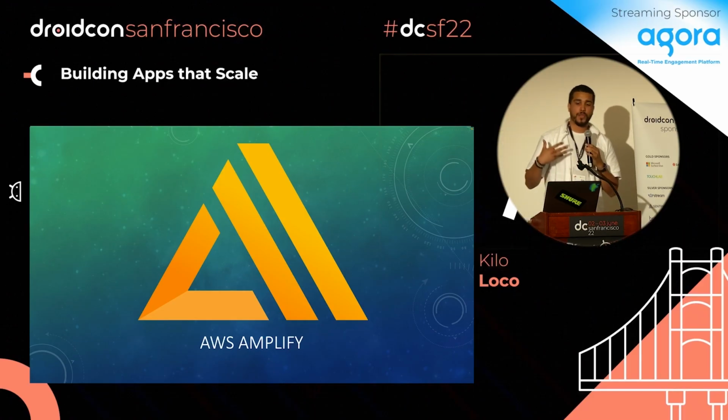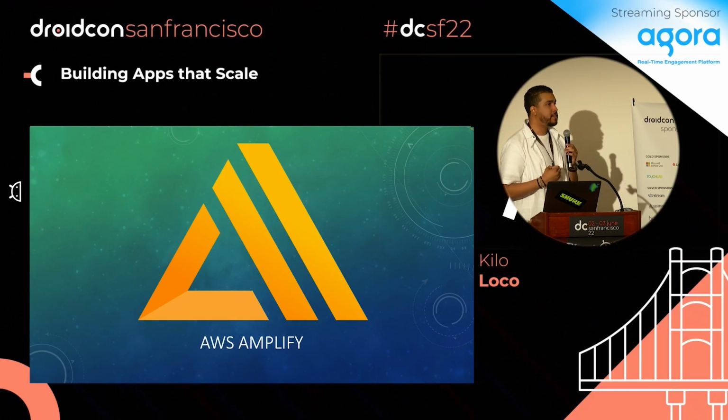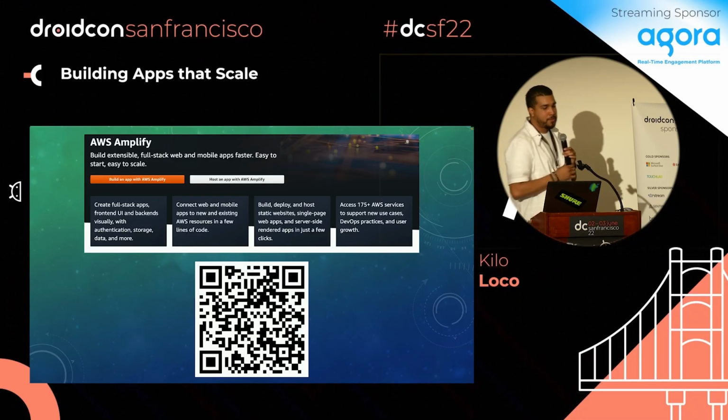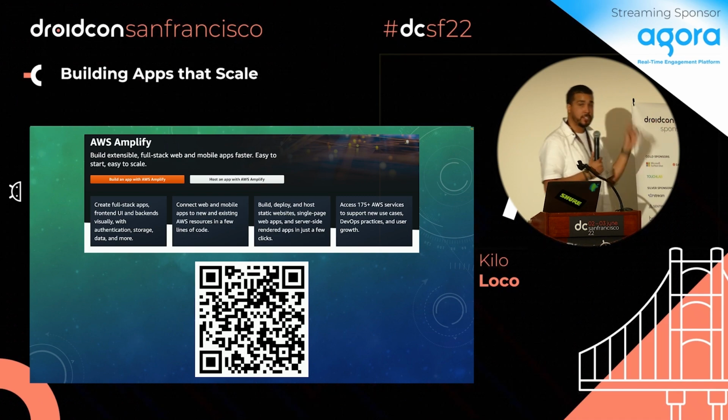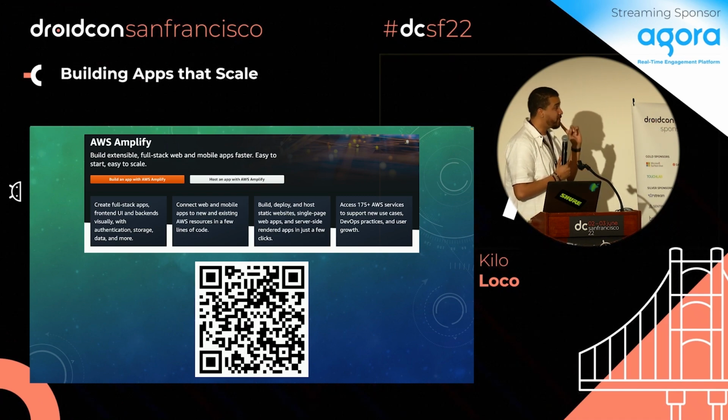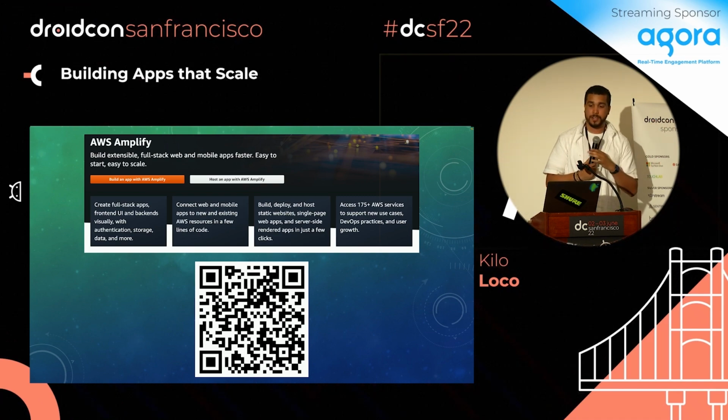The thing that I love about this is that you don't necessarily need to know a whole lot about AWS in order to get this working. And if you want to take a look at everything AWS Amplify encompasses, because it does quite a bit and makes your life a whole lot easier, there's a QR code there to scan.